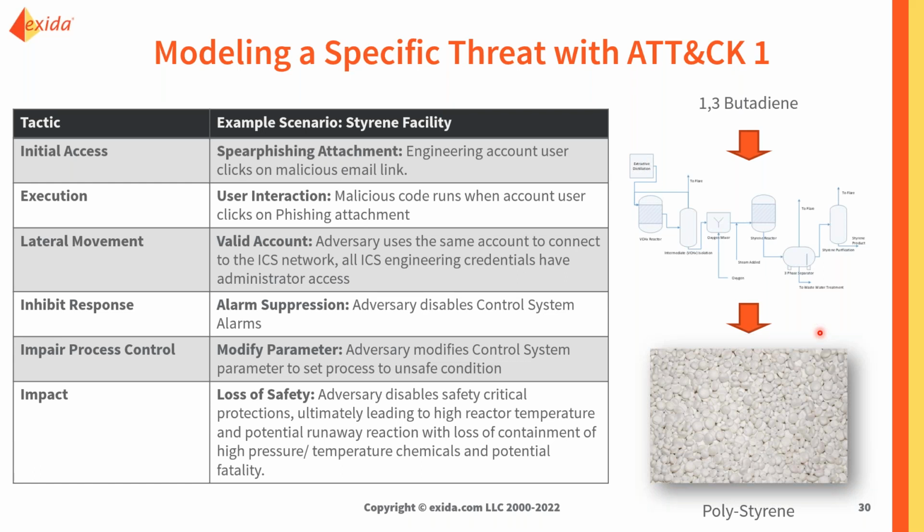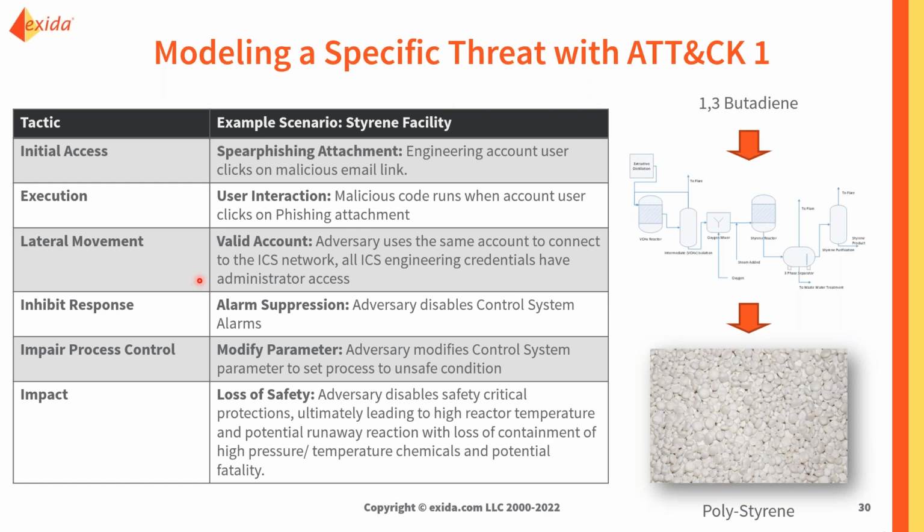For our initial example, we could think about attackers using phishing to gain access to the system. As soon as a user clicks on that link or the attachment, they can start to make changes on the system.